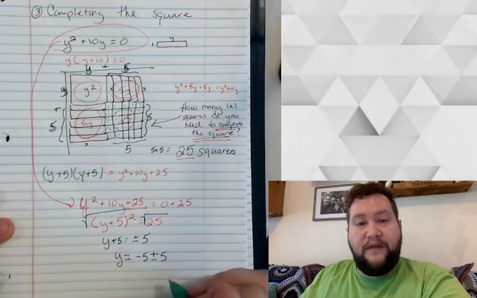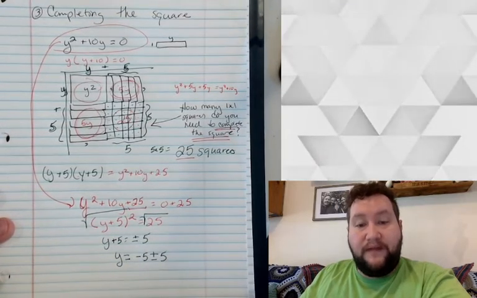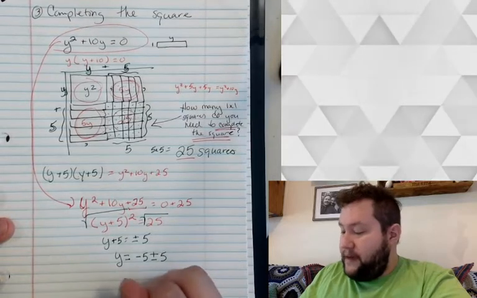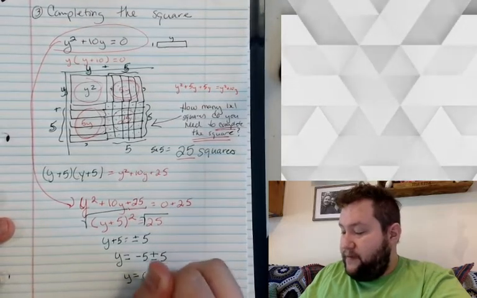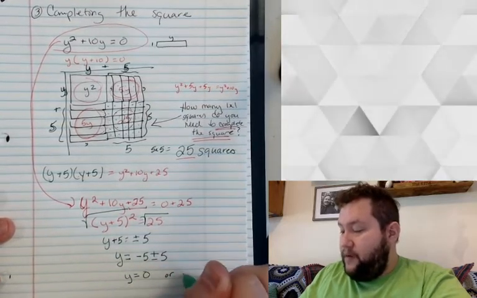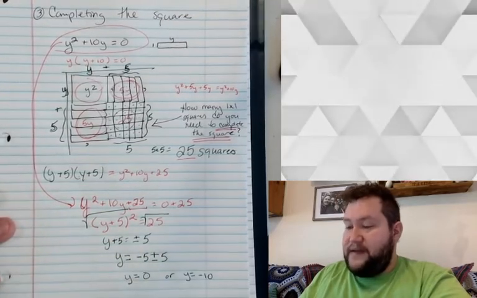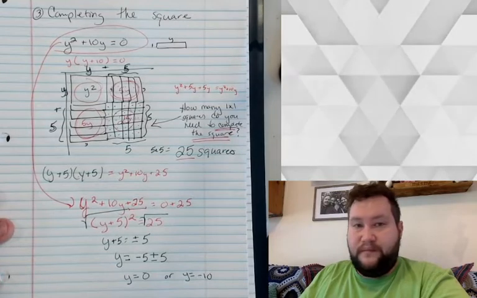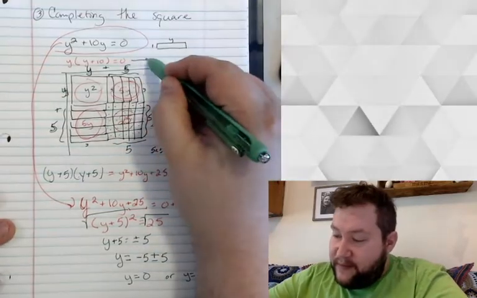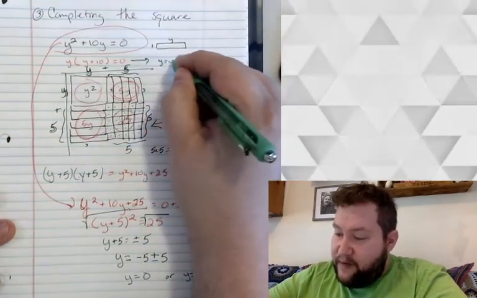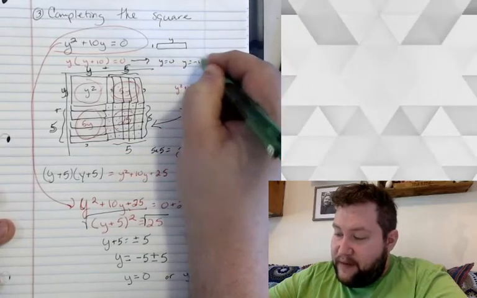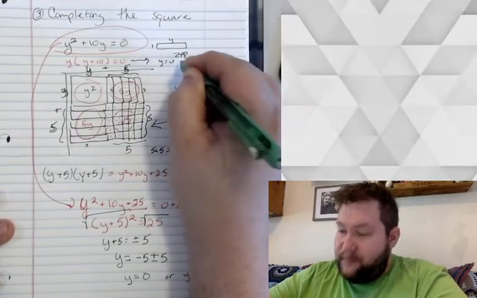And so if I have negative 5 plus 5, what we end up getting is 0. Or we get y equals negative 5 minus 5, negative 10. And now note, that's exactly what those two solutions were. y equals 0, y equals negative 10 by the zero product principle.